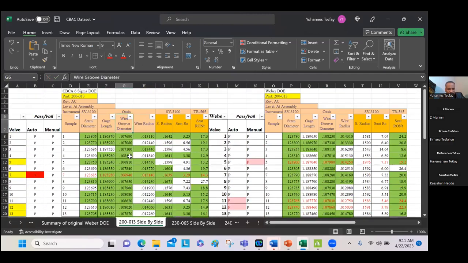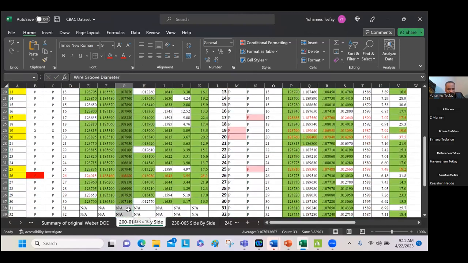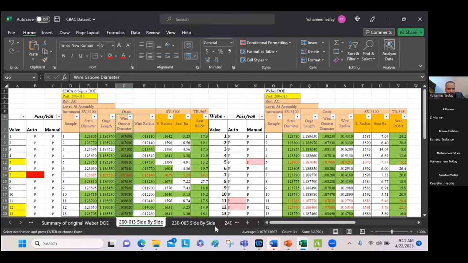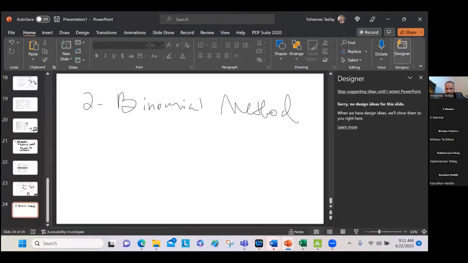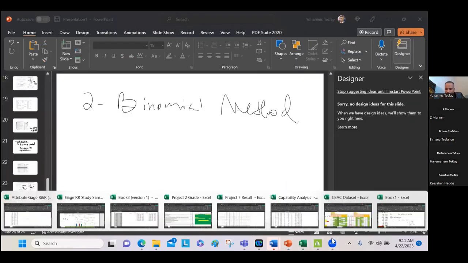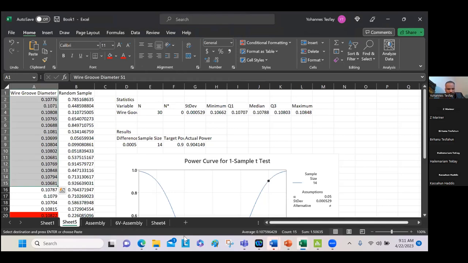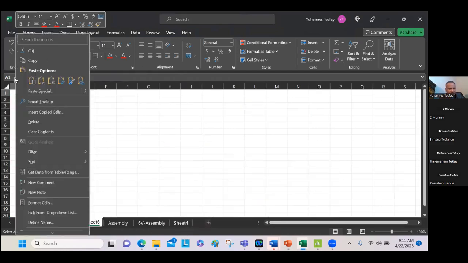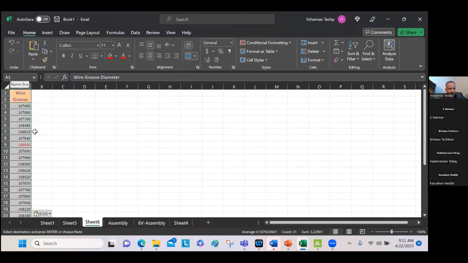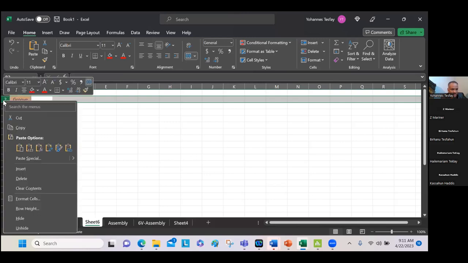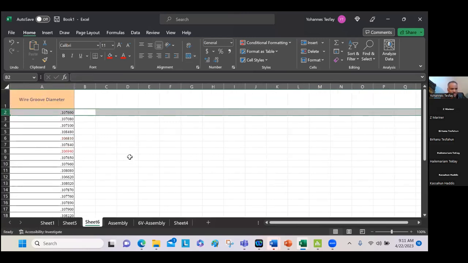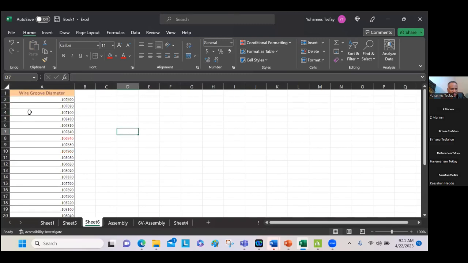So there's a groove diameter. Okay, copy. Then I'm gonna paste it. Yeah, so add here. So I'm gonna put it like that because I need them. So I'm gonna delete that. Yeah, wire groove diameter.